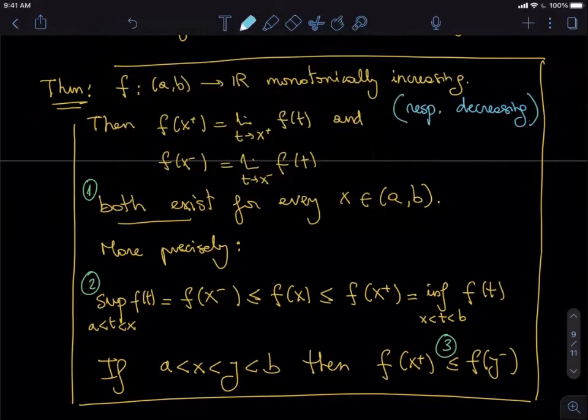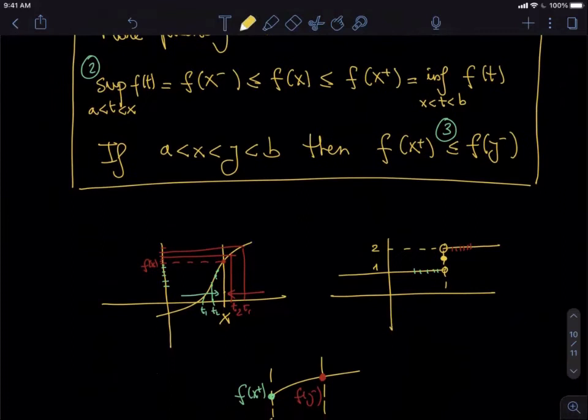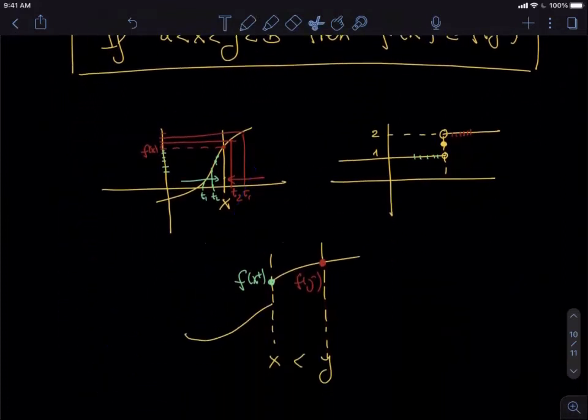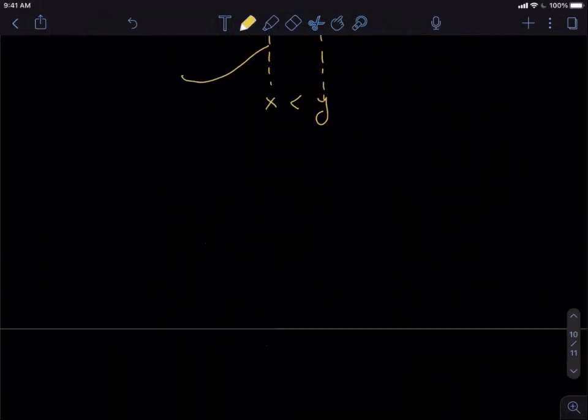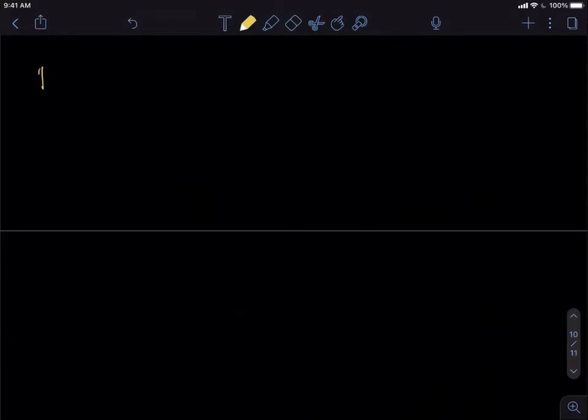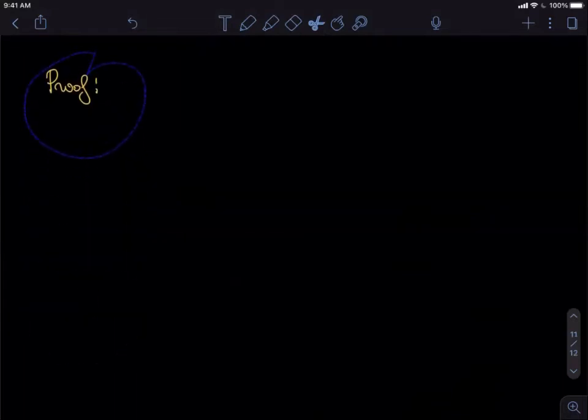Okay, the only thing that would change are the inequalities. Okay, so let's get ready for the proof. Let's keep this over here. So, proof.